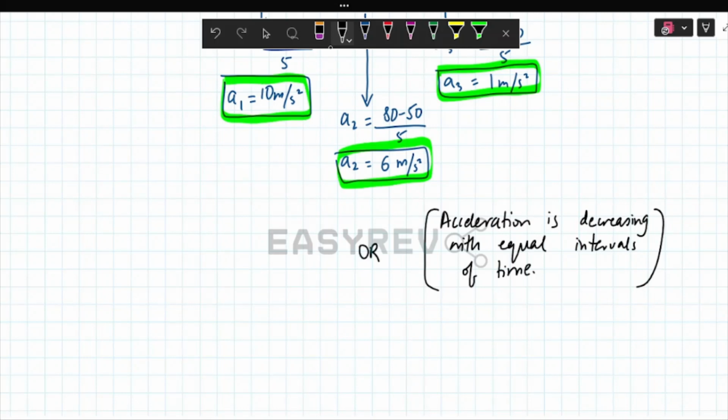But you can also describe it as the kind of motion wherein the increases in velocity in themselves are decreasing with equal intervals of time.